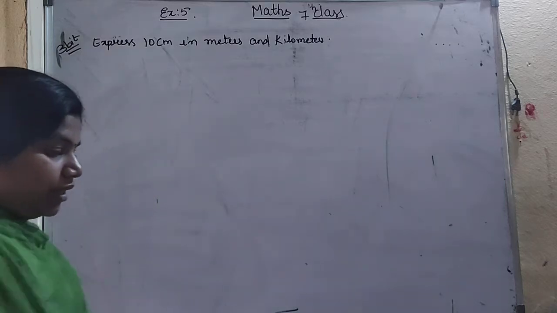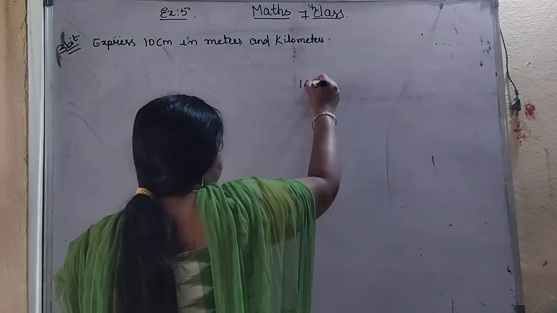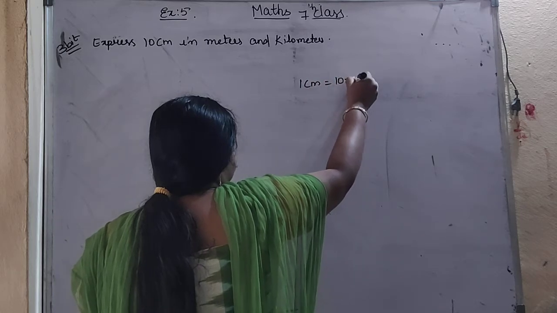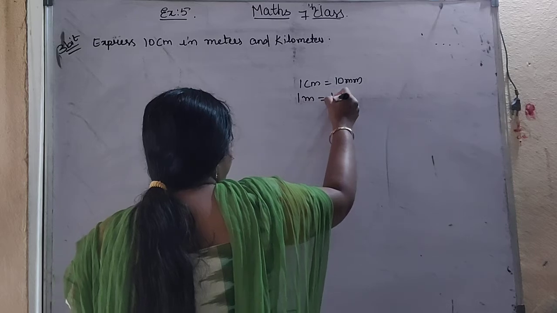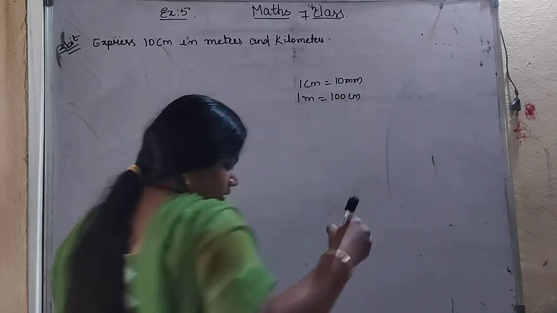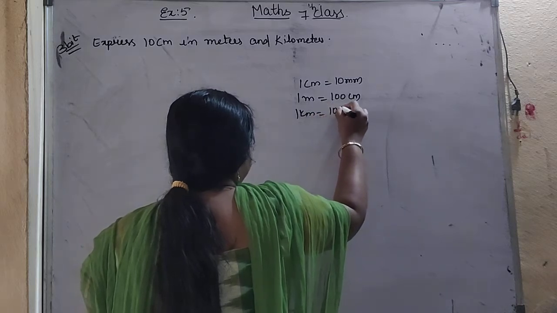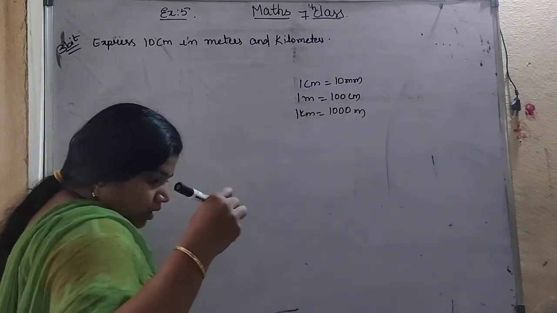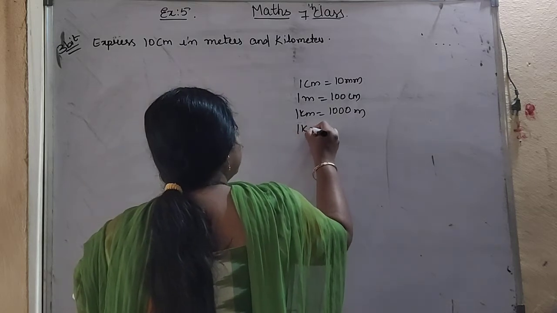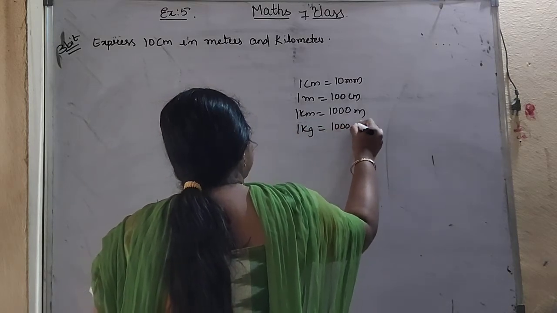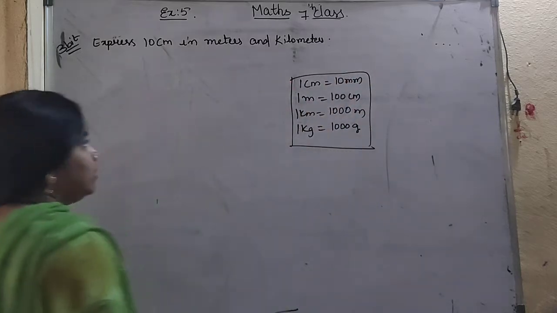Already they have given one box here: 1 centimeter is equal to 10 millimeters, 1 meter is equal to 100 centimeters, 1 kilometer is equal to 1000 meters, and 1 kg is equal to 1000 grams.